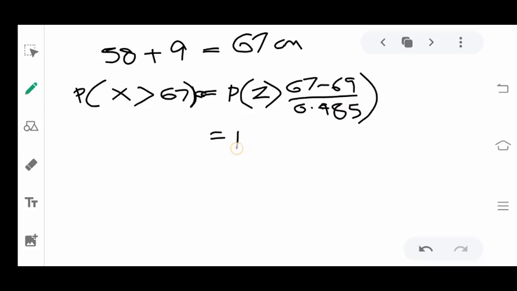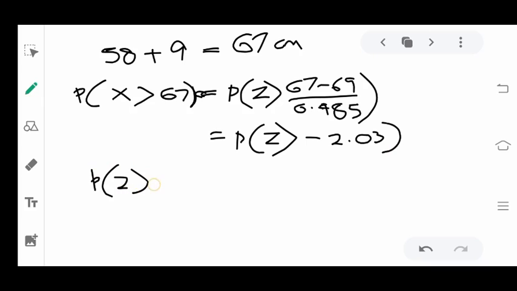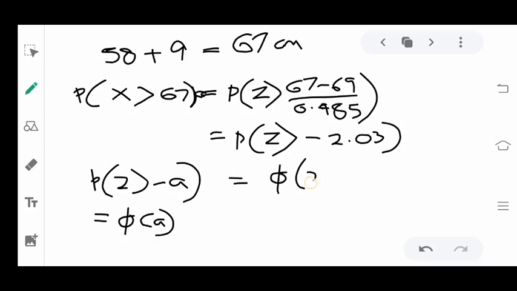When we do this calculation we get the probability of Z greater than minus 2.03. You know that the probability of Z greater than negative a is phi of a. So that's equal to phi of 2.03, which is 0.9788.